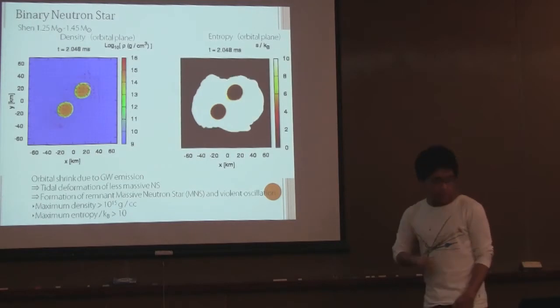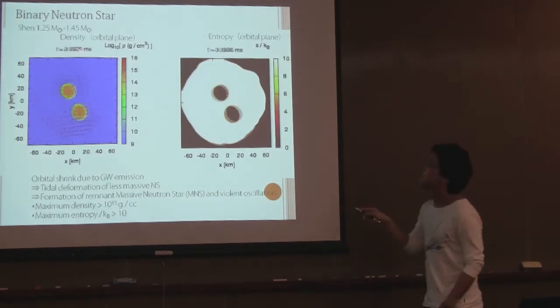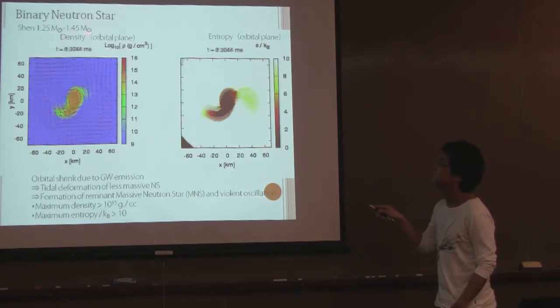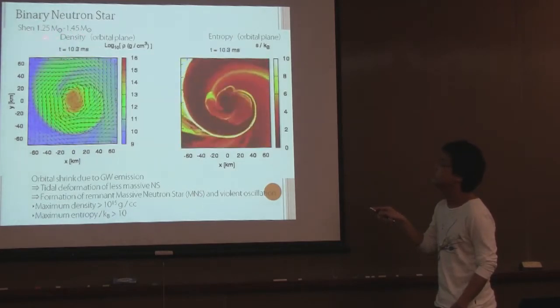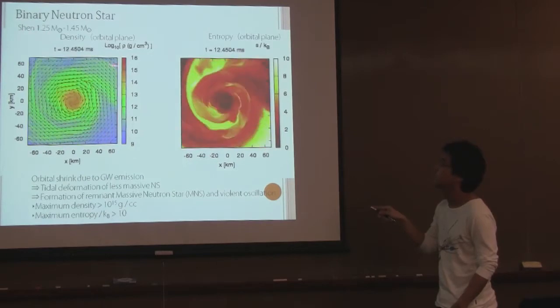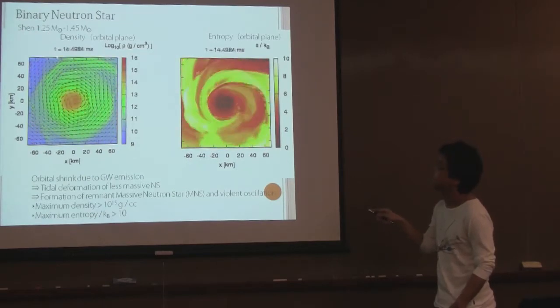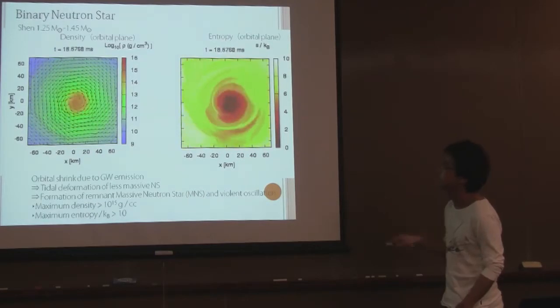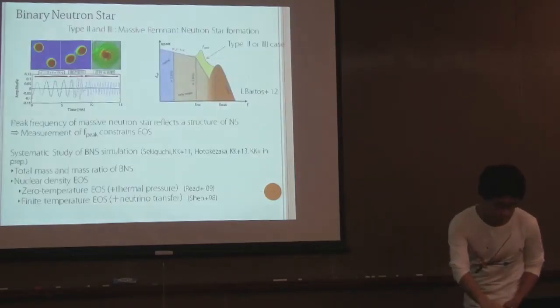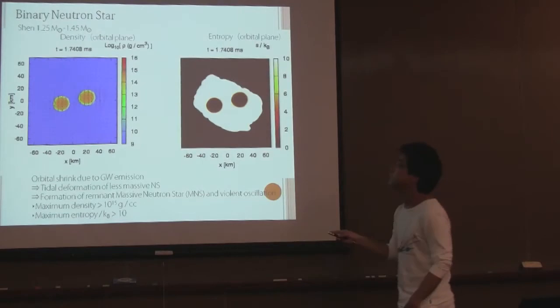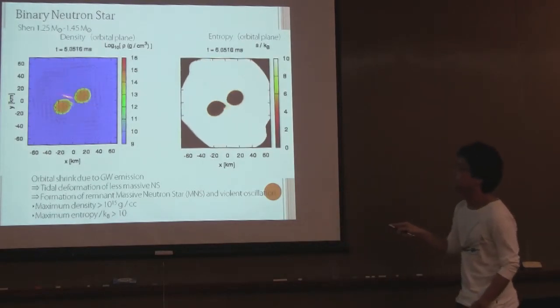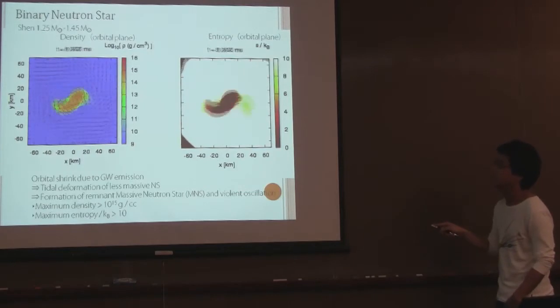This is a result for the 1.25 solar mass and 1.45 solar mass, in which the neutron star is modeled by the Shen equation of state. The left-hand side figure is the density, and the right-hand side figure is the entropy on the orbital plane. Let me show again. After starting the simulation, the separation between the two gradually decreases due to the radiation reaction.